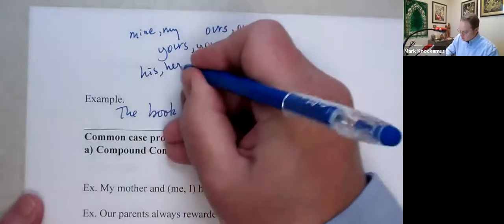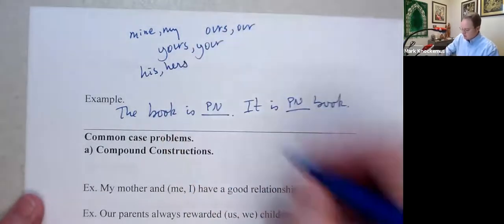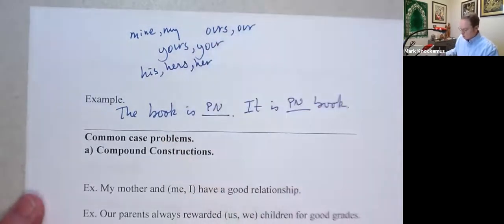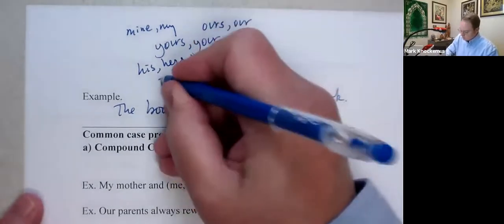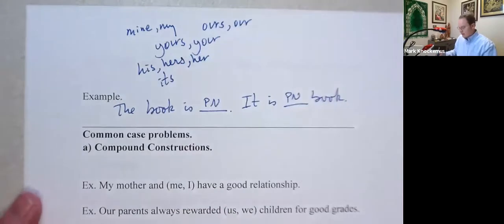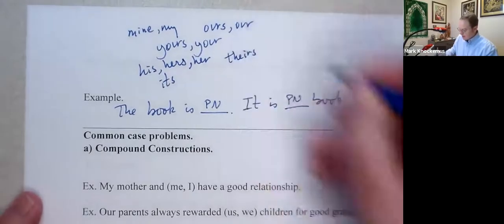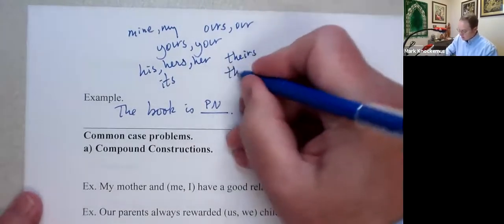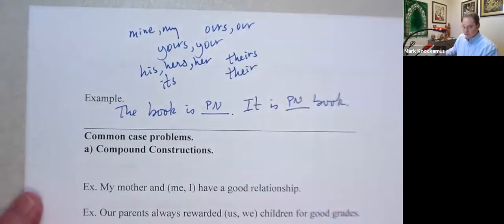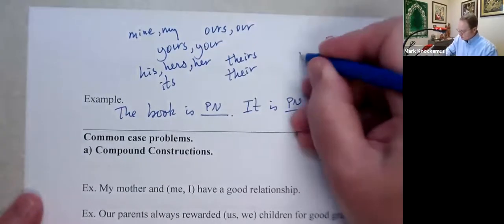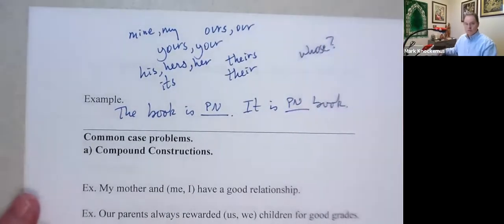The book is hers. It is her book. Let's see if you have a dog that can read. The book is its. It is its book. Plural, the book is theirs. It is their book. And if you wanted to ask a question, you would say whose.